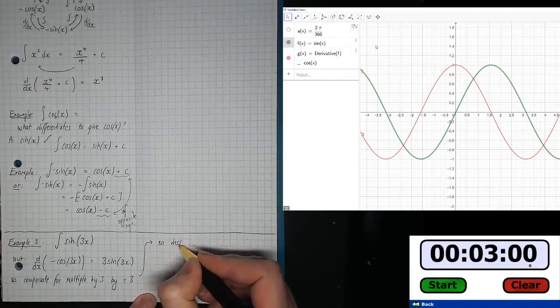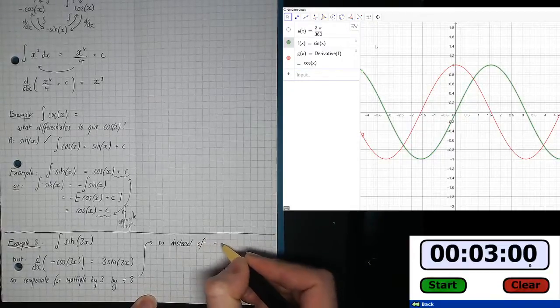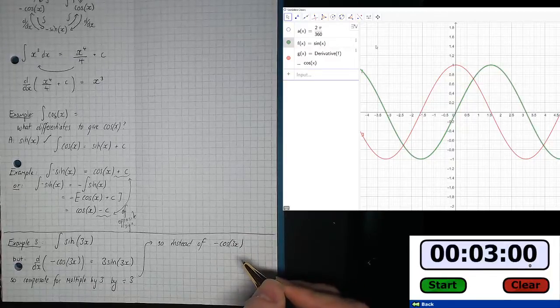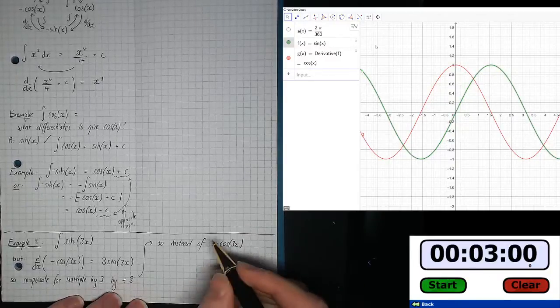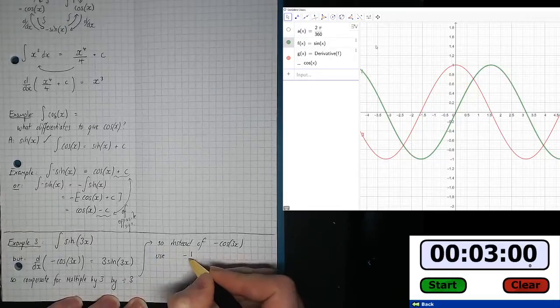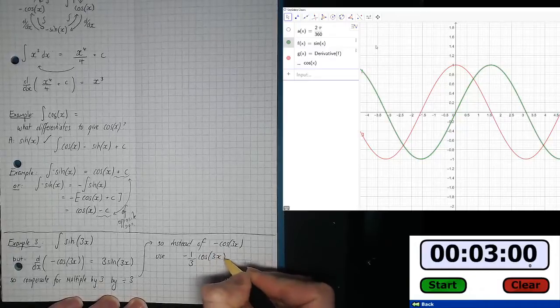Instead of using negative cos 3x, I'm going to use negative 1/3 cos 3x.